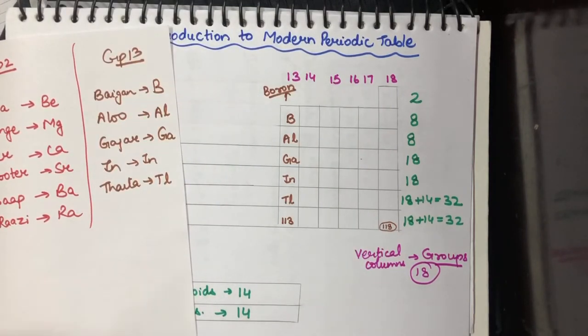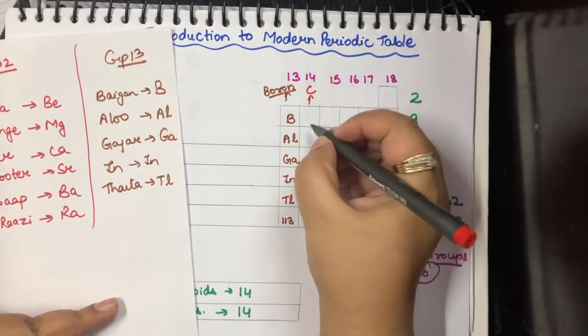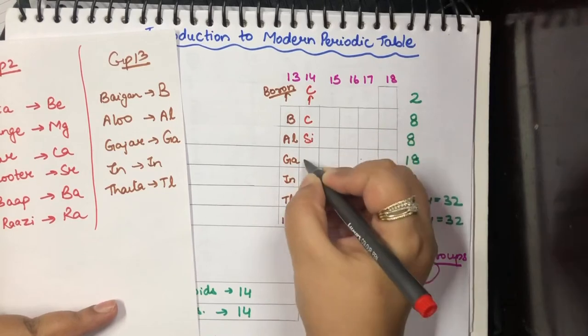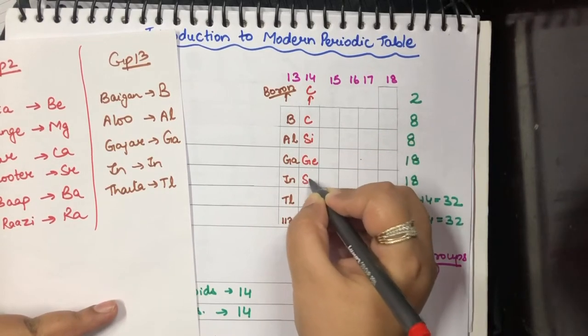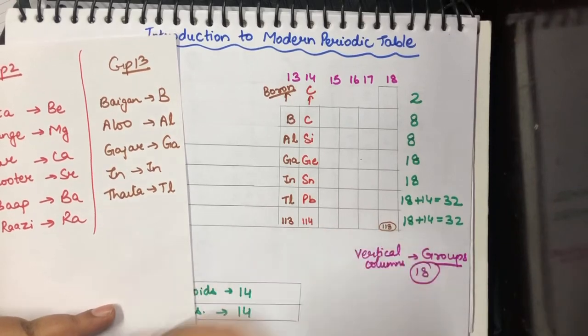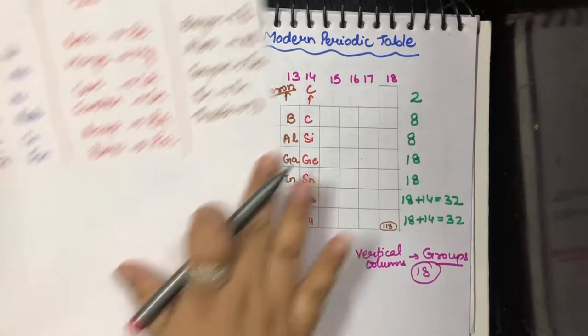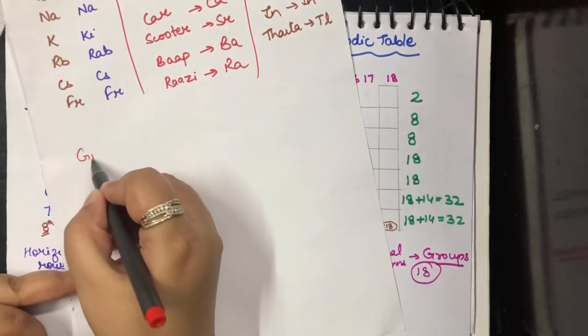So now group 14. Group 14 is my carbon family. It is carbon, silicon, germanium, Sn is tin, then it is lead, and here the last one is going to be element 114. So if I have to name this, I will again write group 14.